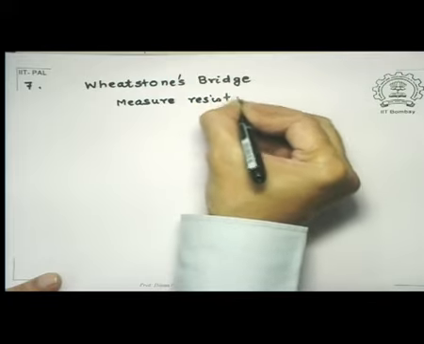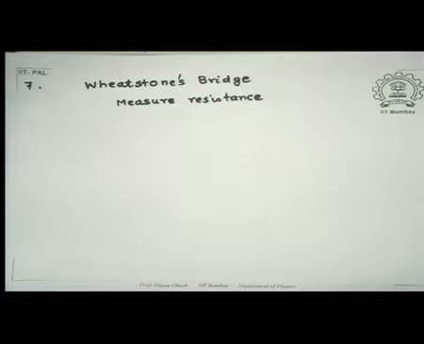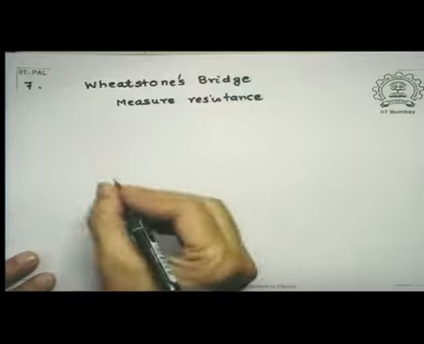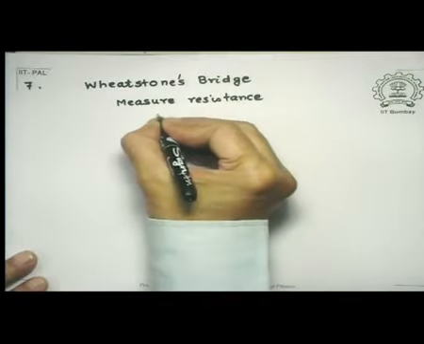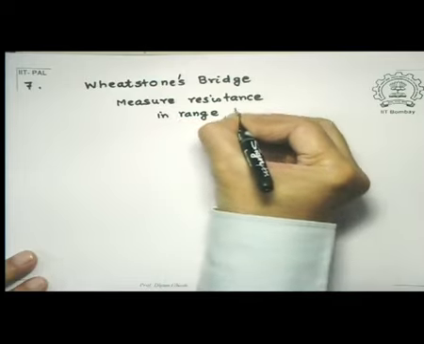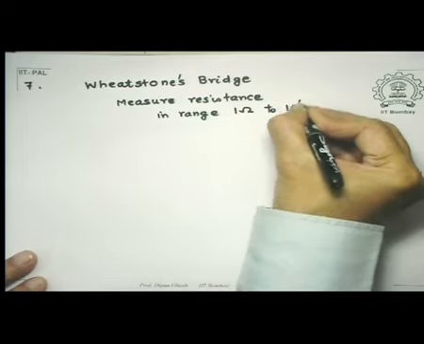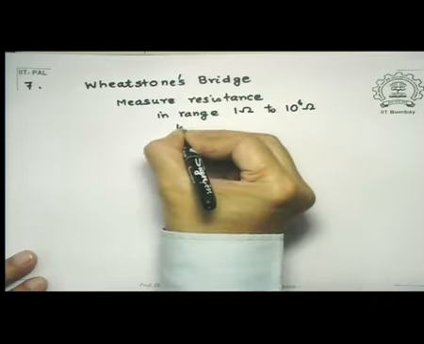How do I measure resistance of an unknown sample in the laboratory? And in fact, this usually allows you to measure resistances in the range 1 ohm to 1 megohm with a 1% accuracy.